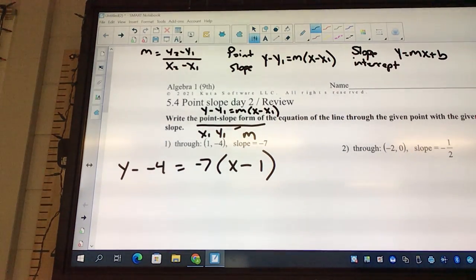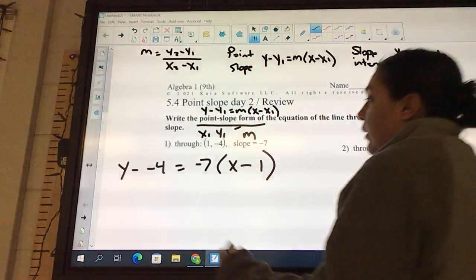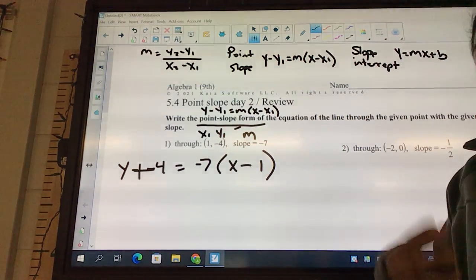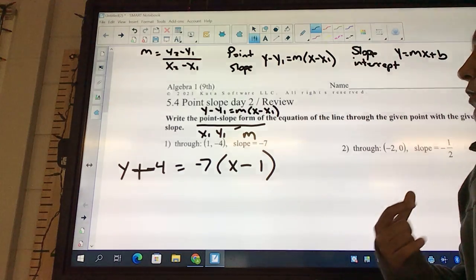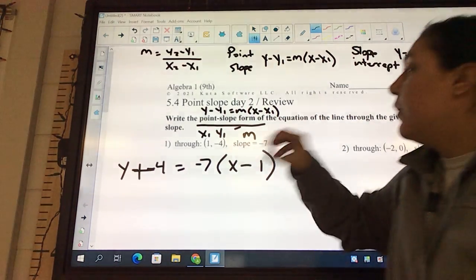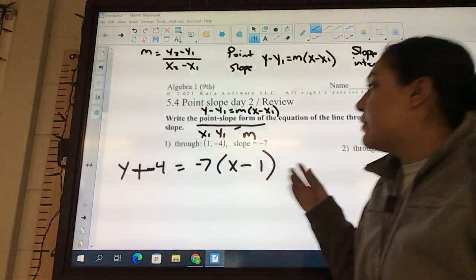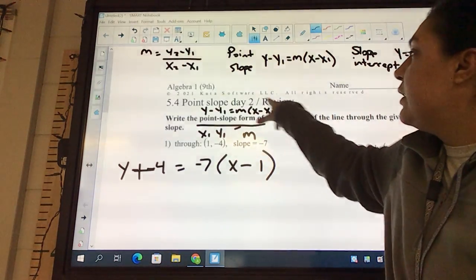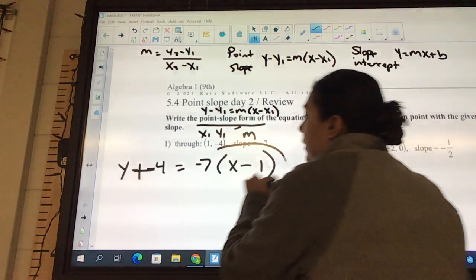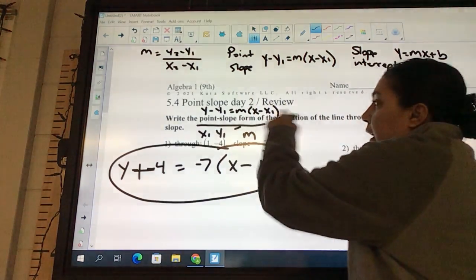What do we got to do with that minus minus? We're going to turn it into a plus. This one's not really going to make much sense, but we're going to do a couple today where we got to turn it from point slope to slope intercept. I'm going to continue to ask, do you have to stop or keep going? In this one, we need the parentheses form, so we stop. This is what our answer should look like.